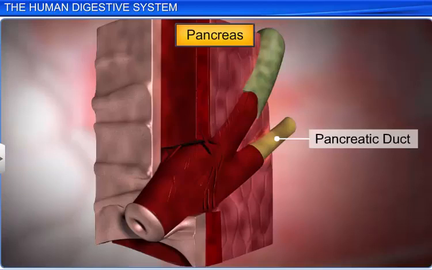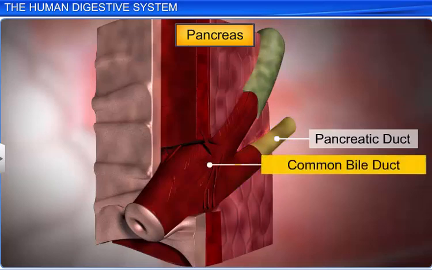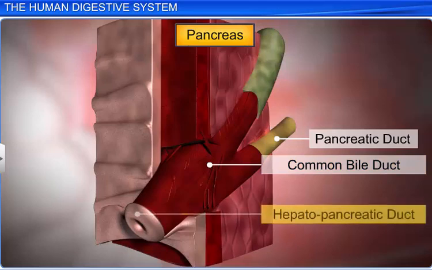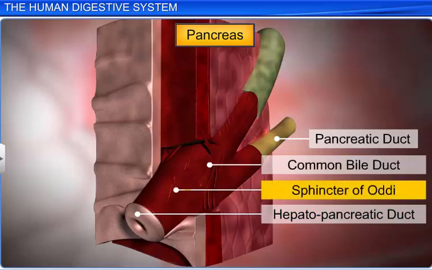The pancreatic duct, which carries the pancreatic juices from the exocrine portion, joins the common bile duct, and both of them open into the duodenum as the hepatopancreatic duct, which is guarded by the sphincter of Oddi.